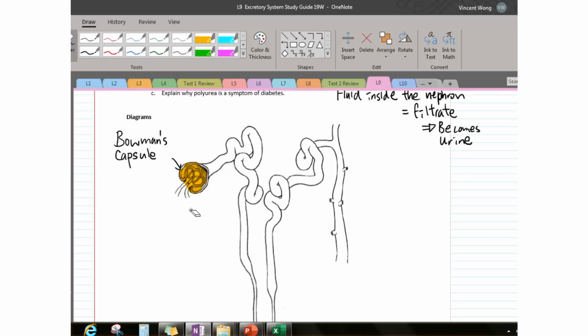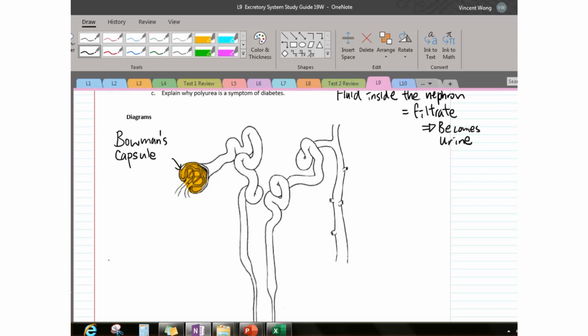Now this blood vessel here is actually not necessarily part of the nephron, okay, but it's going to be coming together with the nephron at this point. So remember in the previous video we were talking about the blood flow, right?